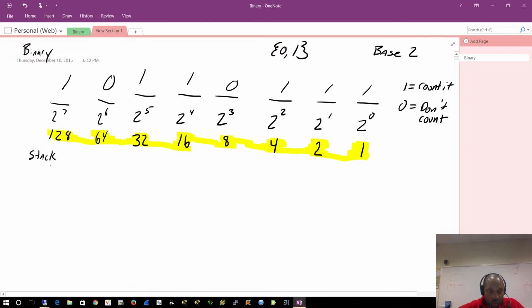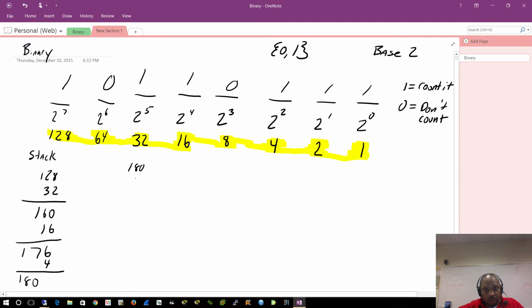So we got 128 plus 32. Add that up, that's 160, right? 160 plus 16, 176. 176 plus 4. It's going to be 180. 180 plus 2. 182 plus 1.